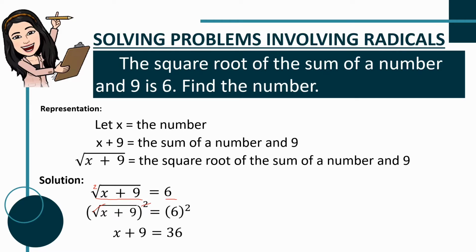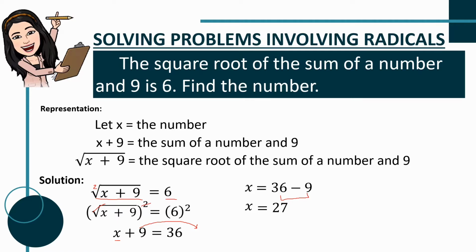Now, simplifying and finding the value of x, we need to transpose positive 9 to the other side. So, that would be x is equal to 36. Positive 9 will become negative 9. Okay, so our equation will be x is equal to 36 minus 9. Now, performing the operation, 36 minus 9 is equal to 27.